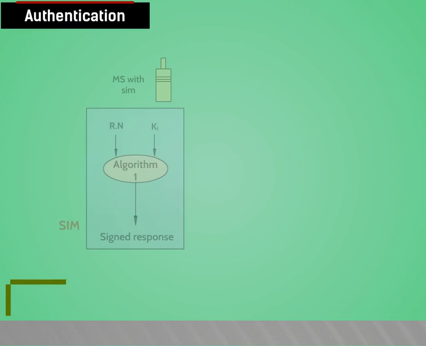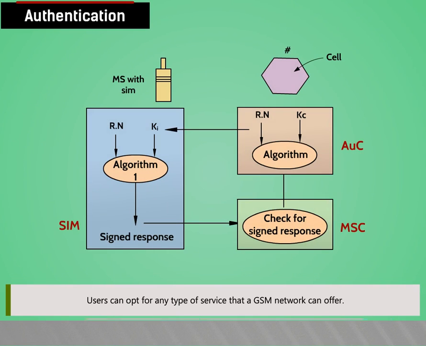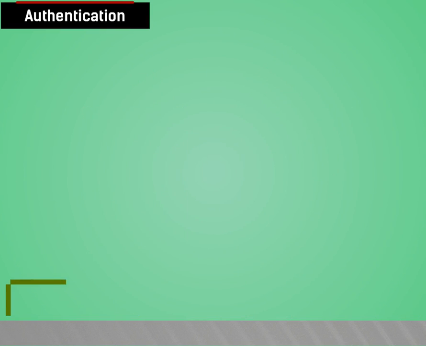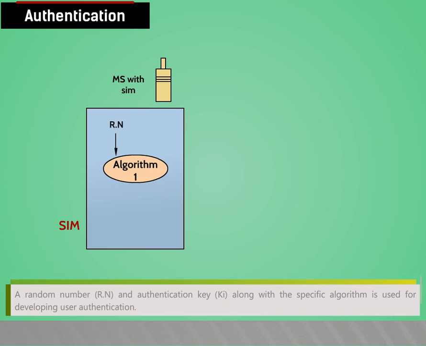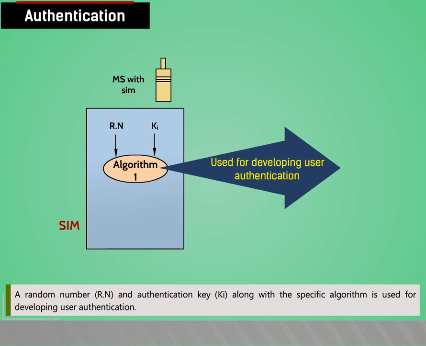Authentication. Users can opt for any type of service that a GSM network can offer. The authentication is based on the SIM card that stores user-related information. A random number Rn and the authentication key Ki along with the specific algorithm is used for developing user authentication.